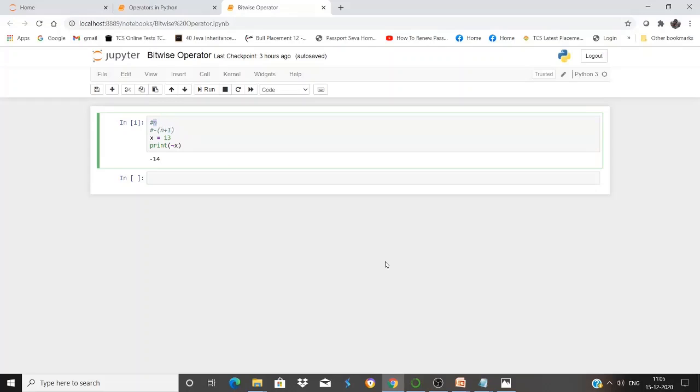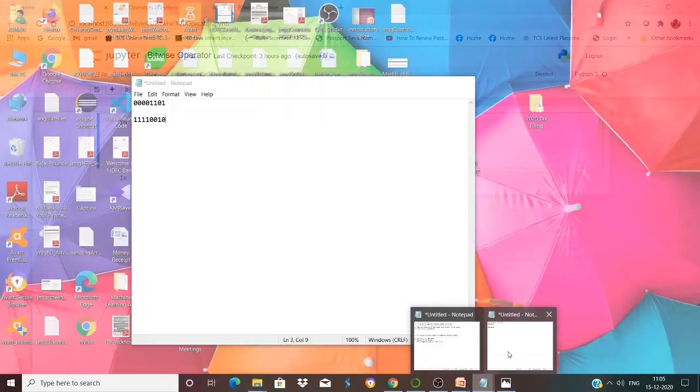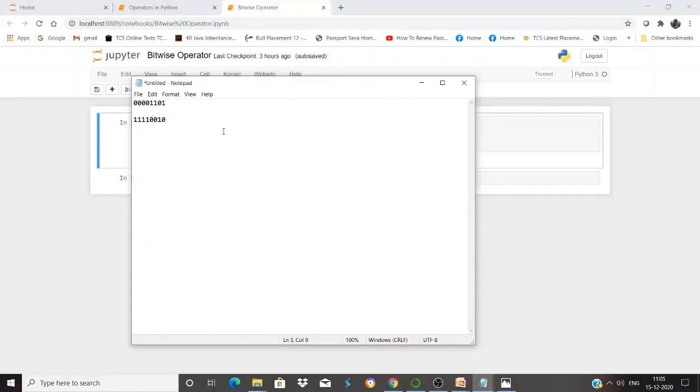In our case, the input is 13, which is a positive number, so our output will obviously be a negative number. In these two ways, you can understand that this output is a negative number, so we have to convert this binary to a negative decimal number.